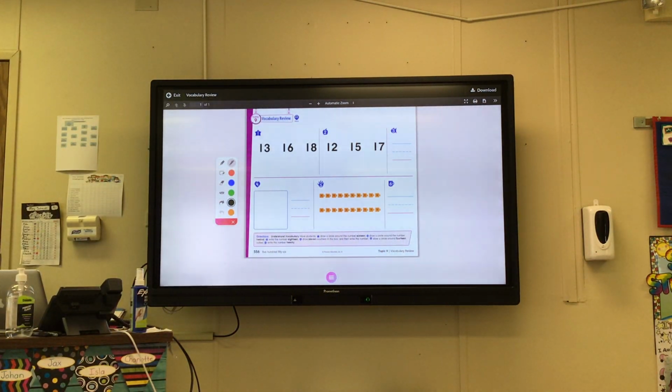Okay, what number comes first? Number 20. There's your 2 though. Which number comes first when you write a 20? You write number 20. Okay, now you circle.